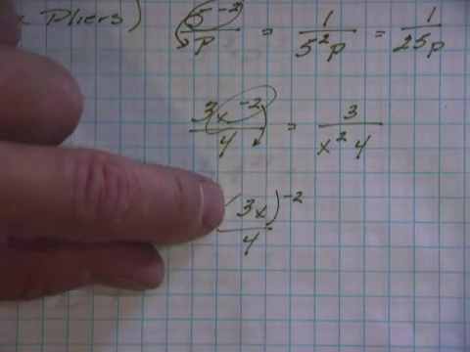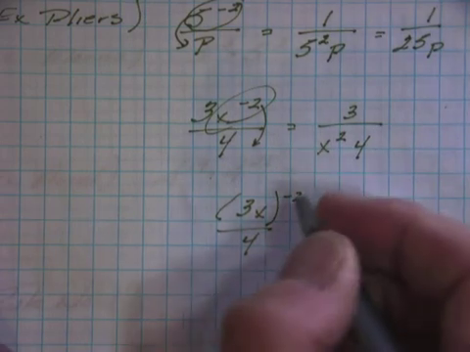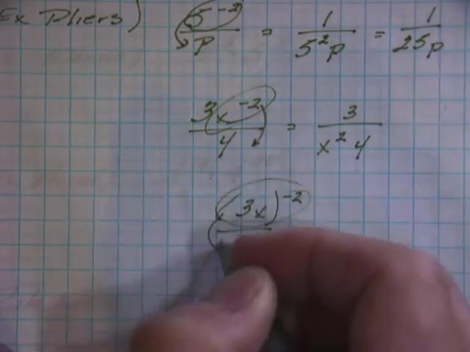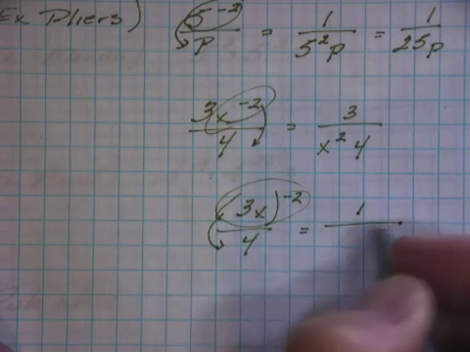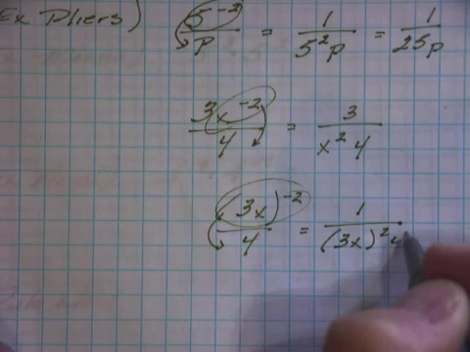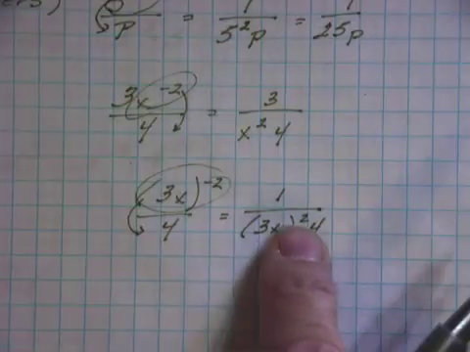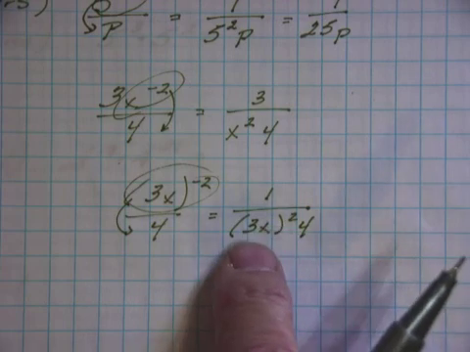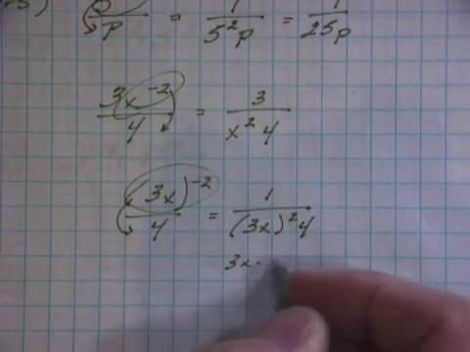Now let's change this problem a little bit, and let's go (3x) to the negative 2 over y. Okay, now that negative 2 does apply to the 3 and to the x. Okay, so this whole thing needs to drop to the denominator, and I've got 1 over 3x squared y.